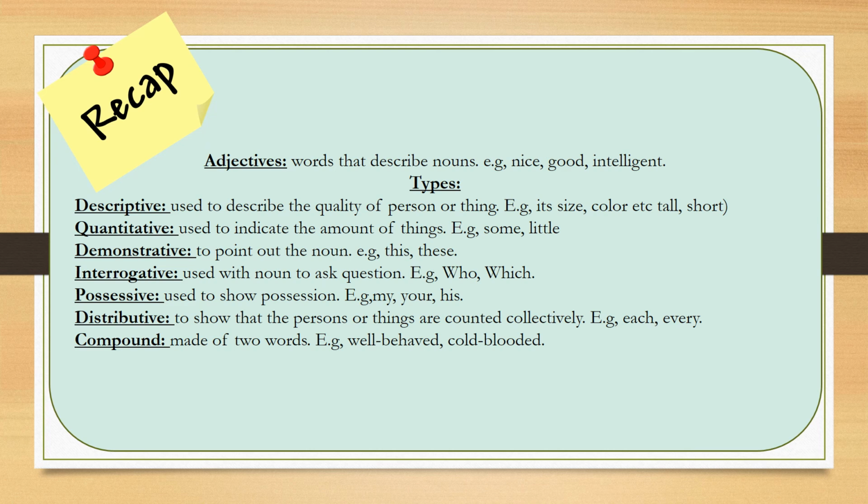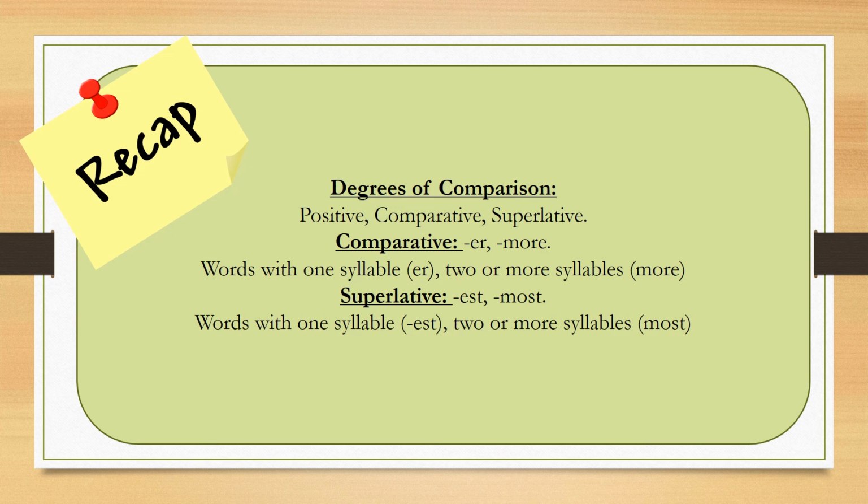After this, okay, now here these are the degrees of comparison. There are three degrees of comparison: positive, comparative and superlative. For comparative, we use er or more with it.